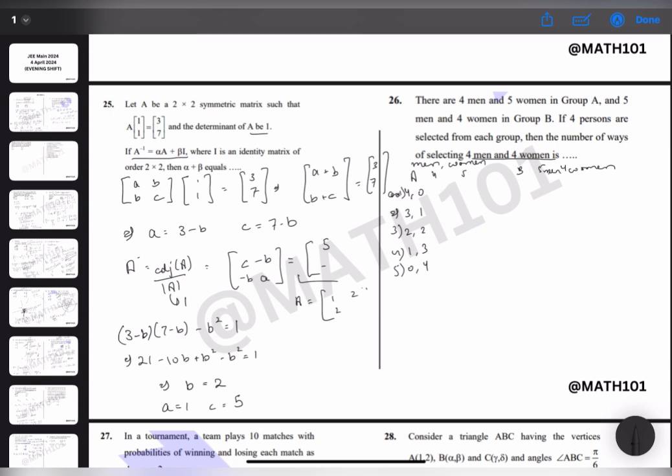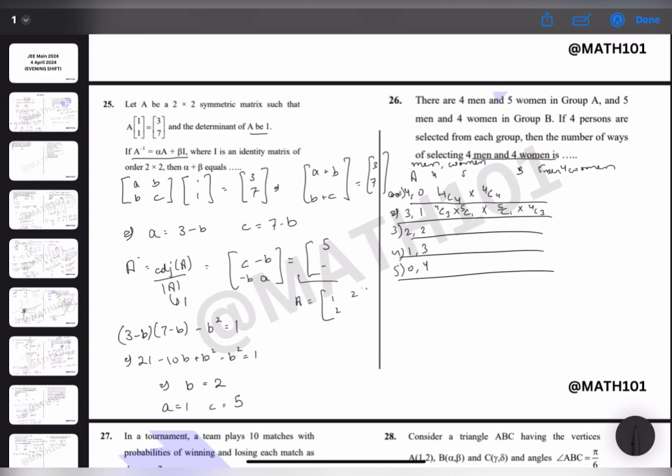So in case 1 we are selecting 4 men from group A, which is 4C4, into 4 women from group B, which is again 4C4. In case 2 we are choosing 3 men and 1 woman from group A, which is 4C3 into 5C1, multiplied by 1 man from group B, which is 5C1, into 3 women, 4C3.